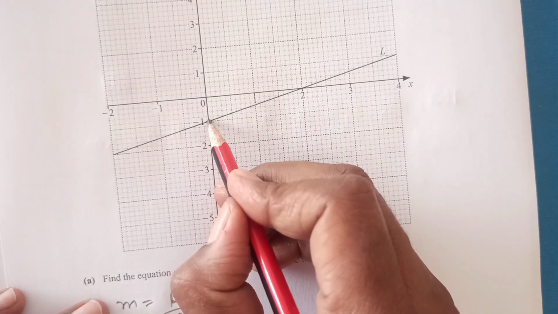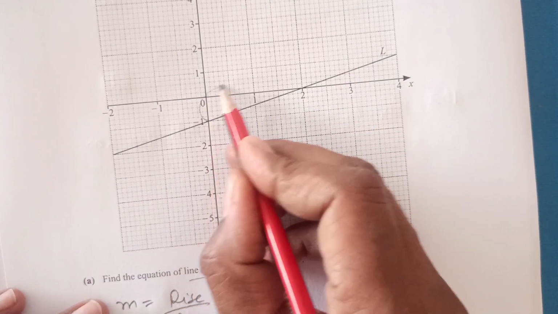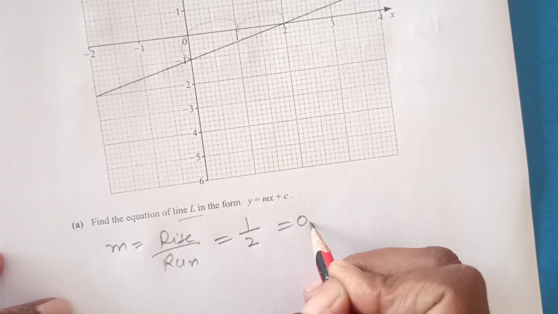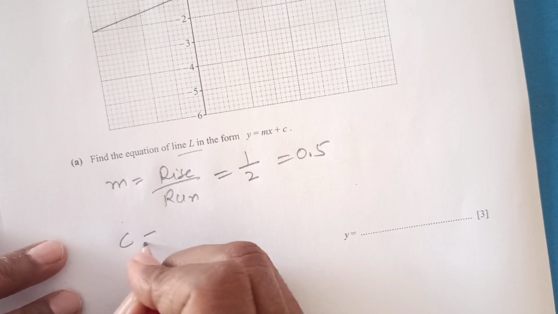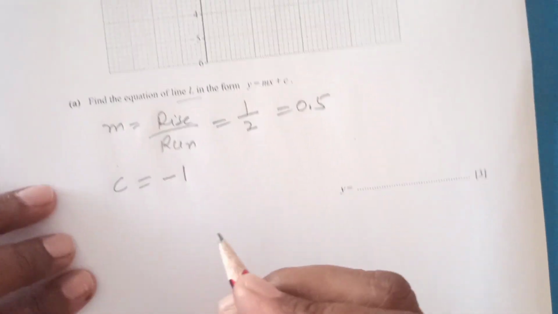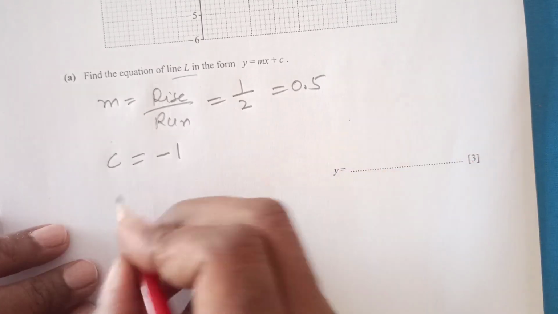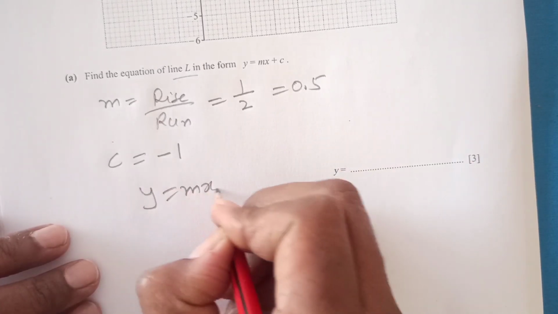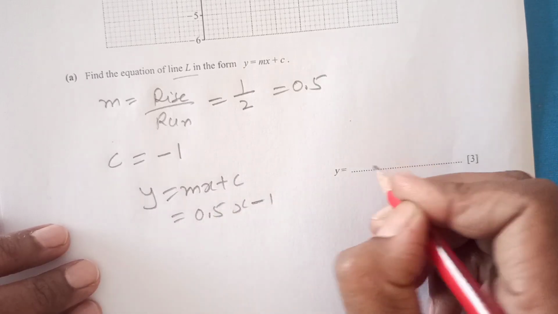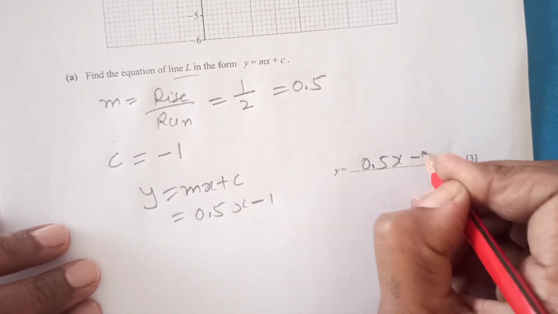Let's say the rise is 1 and the run is 2, so this is 0.5. And what about c? c is this one here, which is -1. So the equation of the line is y equals mx plus c, with m as 0.5x and c as -1: y equals 0.5x minus 1. Okay.